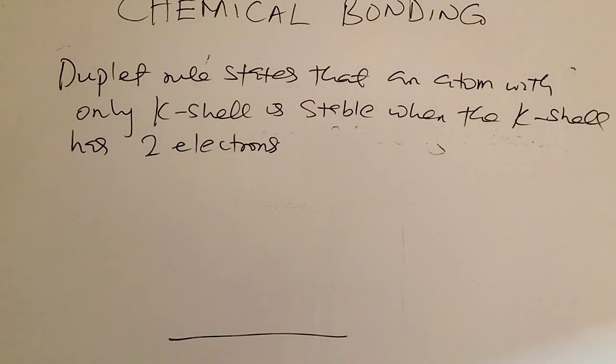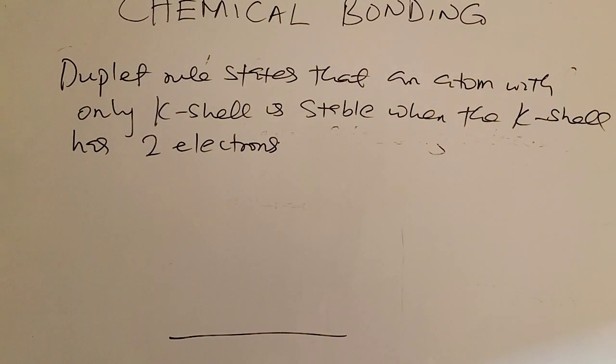An atom with only K shell will attain stability when the K shell has only 2 electrons.